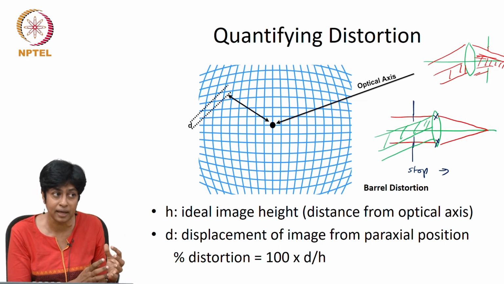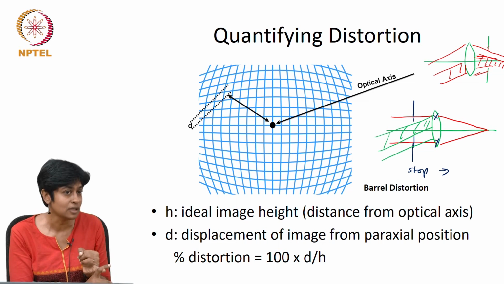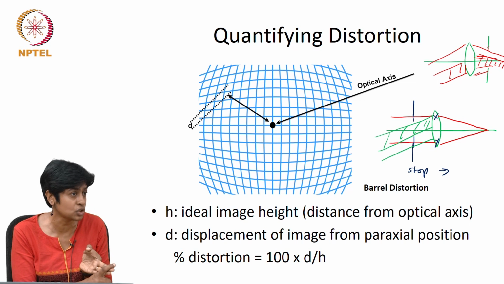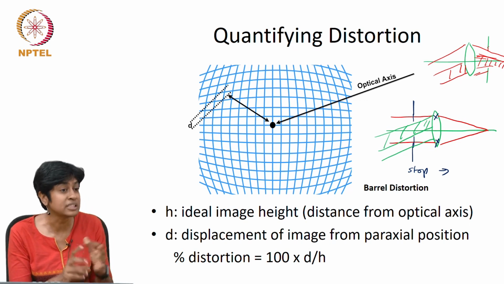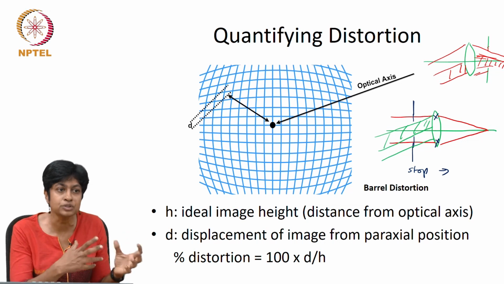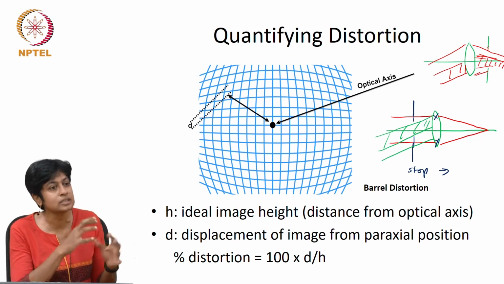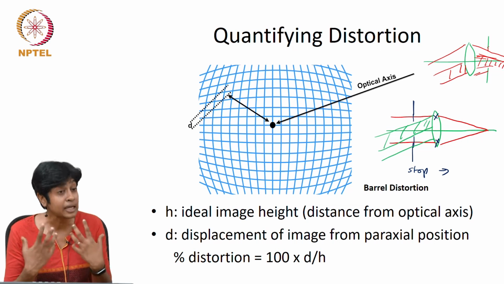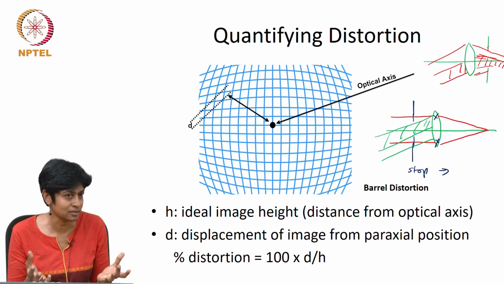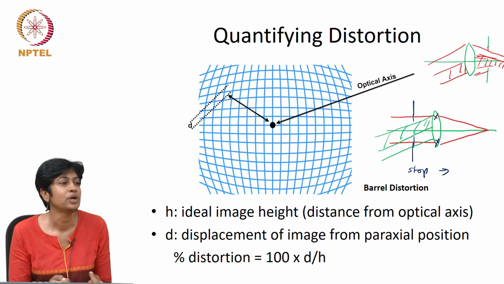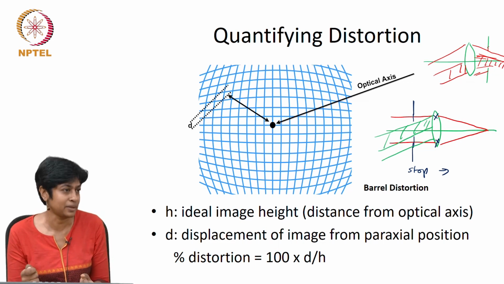What are the tools you have? You have the shape of the lens, you have the location of the stop, you have the size of the stop. These are some of the immediate tools that you have. And the exercises will give you some of these links. I want you to play around with it so that you understand all of these links, because that is how you're going to be able to correct the aberrations.